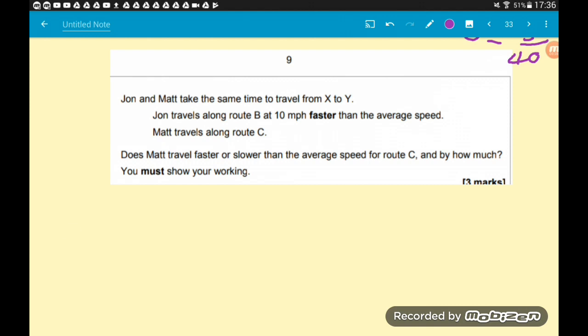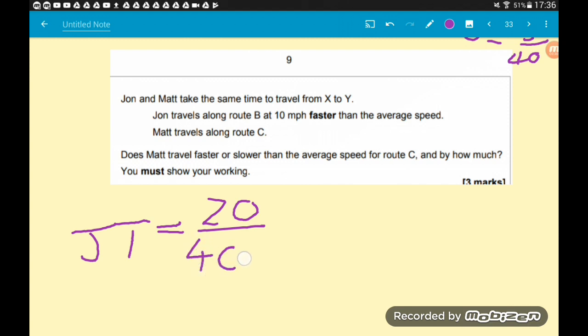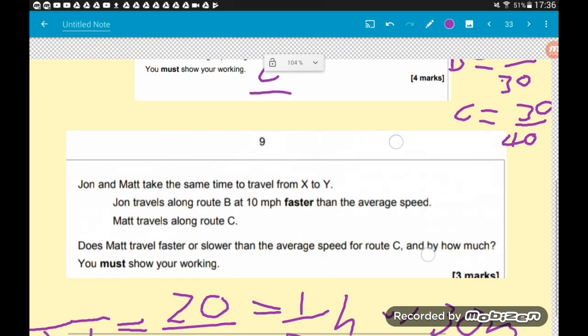So, John's time, let's call that JT, is going to be 20 miles divided by 40 miles per hour. So that is going to be half an hour or 30 minutes. So now we know Matt travels along route C in 30 minutes.